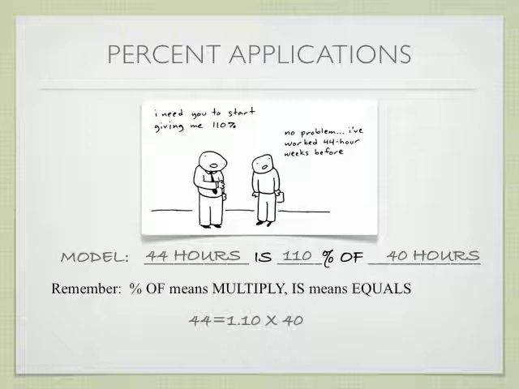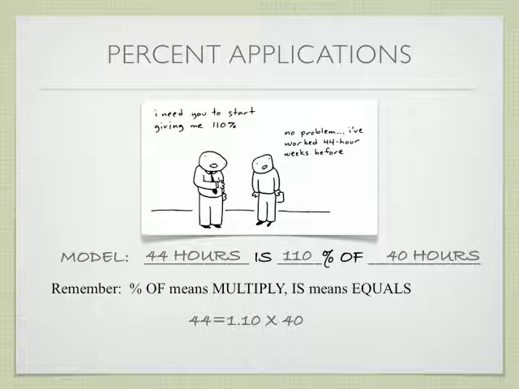So 110%. Remember from the first part of Lecture 7, if I take off the percent sign, percent means divide by 100. Dividing by 100 makes the number smaller, so I take that decimal point and move it 2 places to the left. So 110% becomes 1.10, or just 1.1.